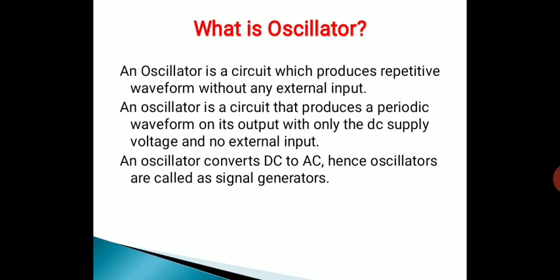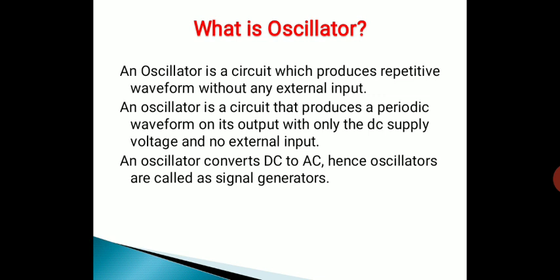That is, an oscillator is a circuit which will produce repetitive waveforms without any external inputs, or we can define it as a circuit that produces periodic waveforms at its output with only the DC biasing supply given to it and without any external AC input.